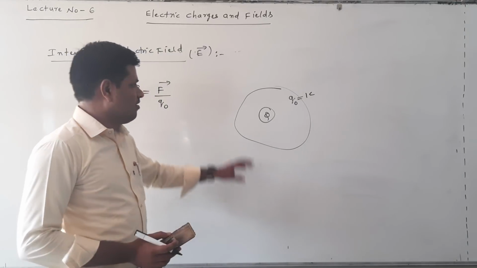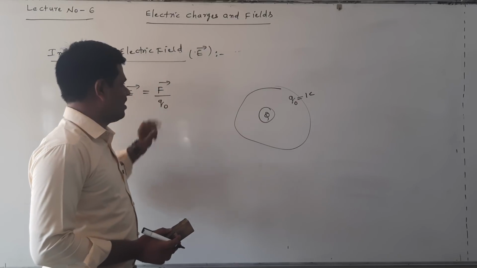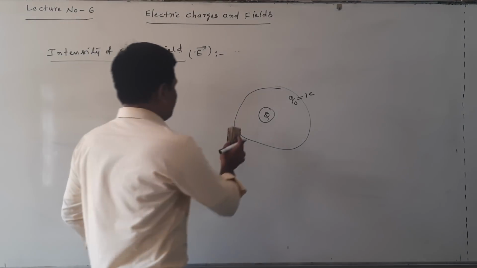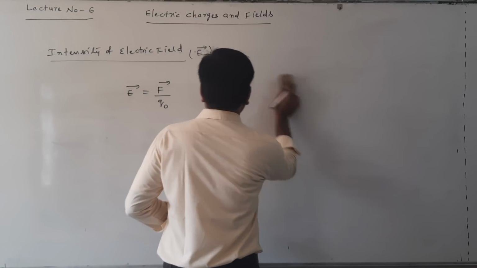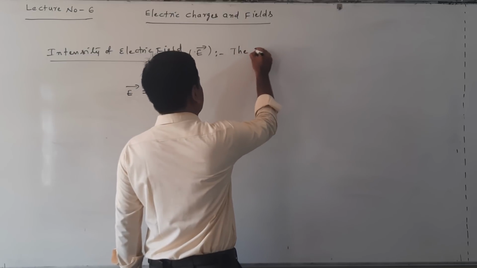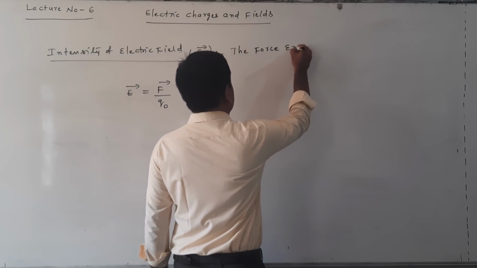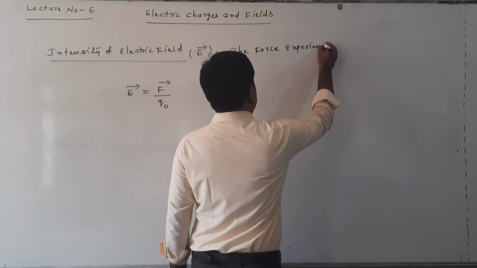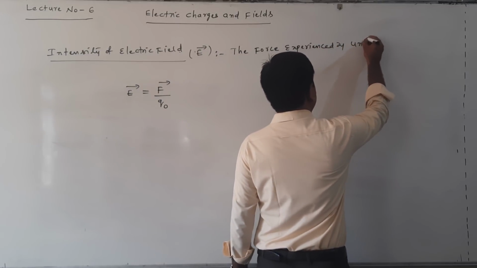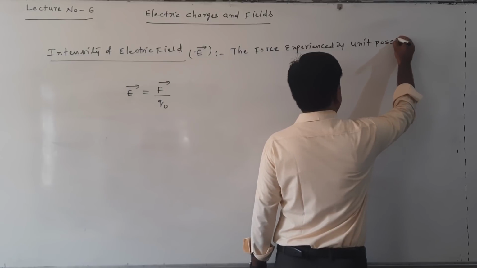From this we write E bar is equal to F bar by Q naught. This is the definition for the intensity of the electric field: the force experienced by a unit positive test charge.